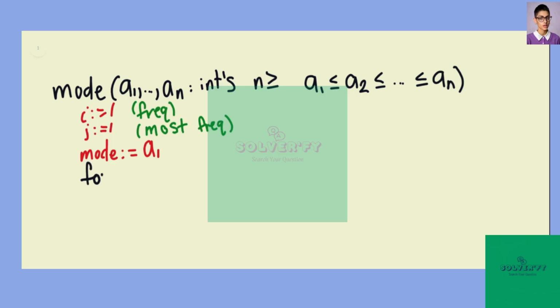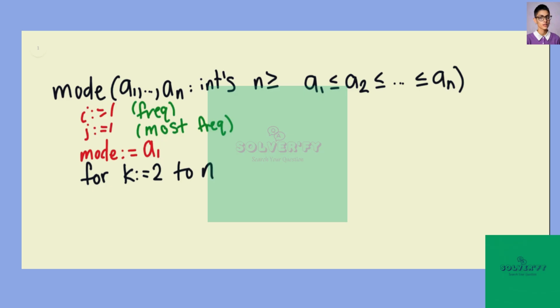Okay, so to do this, we want to index starting at 2. So we'll let k equal 2, because we've already set the mode equal to the first element, and i is already equal to 1, to n. And then we want to check.